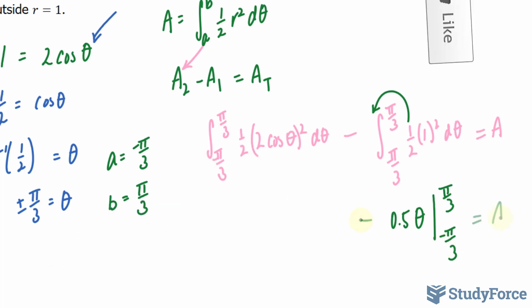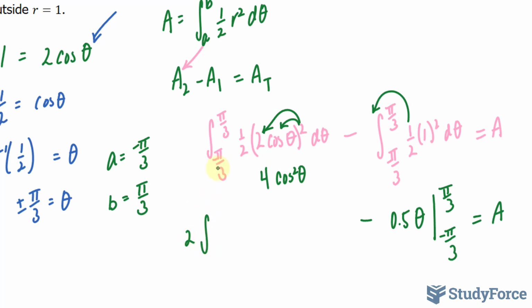We'll do that later. Now we need to find the integral of this function. This is slightly harder to do because we first have to distribute this 2 to this factor and this factor, where we have 4 cosine squared theta. 4 times half is 2, and I can pull that out where I have 2 times the integral between the same bounds as before.